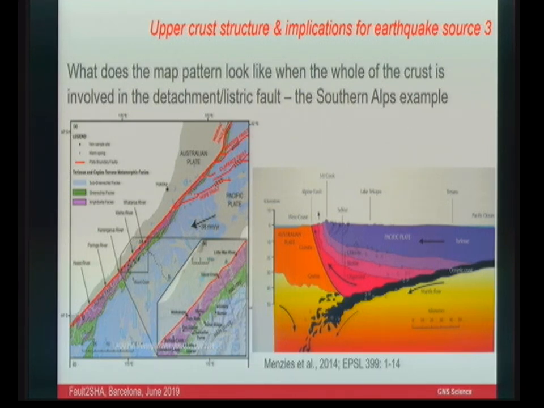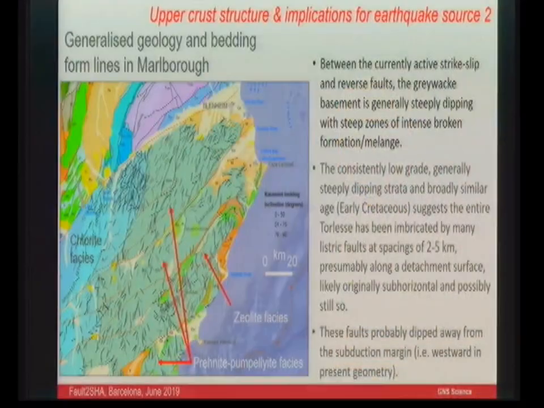But when you think about low-grade metamorphic rocks, they're probably at most 10 kilometres thick in a depth section through a crust, based on pressure and temperature considerations. But when we look at Marlborough, we go 70 kilometres and stay in the same metamorphic grade.